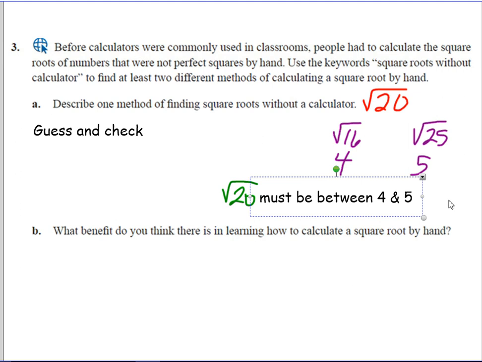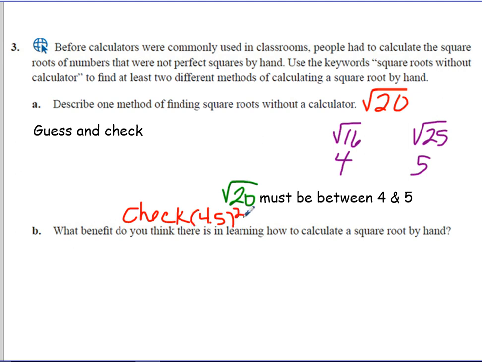And so we would guess and check until we got closer and closer to 20. So for example, one way would be to check, let's use red again. Check, let's say you're going to do 4.5 and take it to the second power.